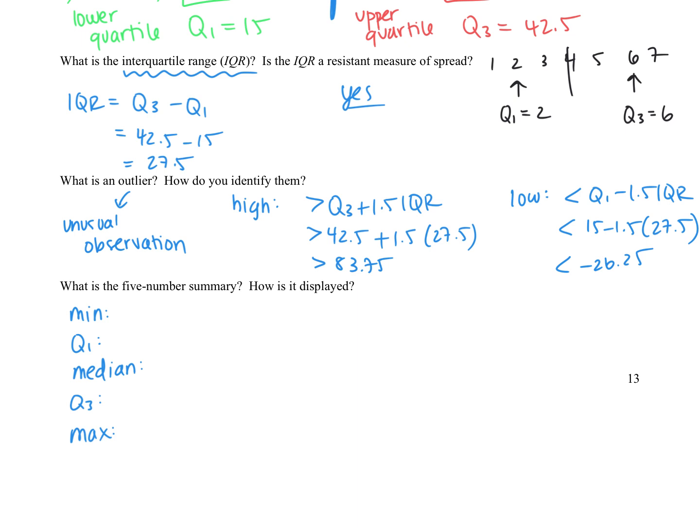If you do that 1-var stats and you scroll down, it gives you these 5 numbers in order. The minimum in our case is 5. The Q1, which we found, was 15. We found the median to be 22.5, I think. And then 42.5, and our maximum is 85. So that is called the 5-number summary.